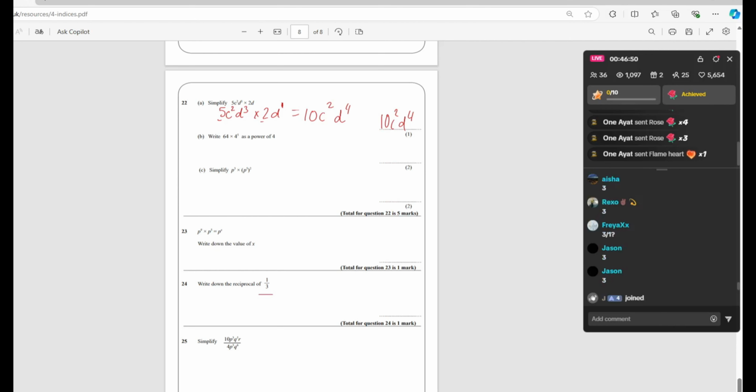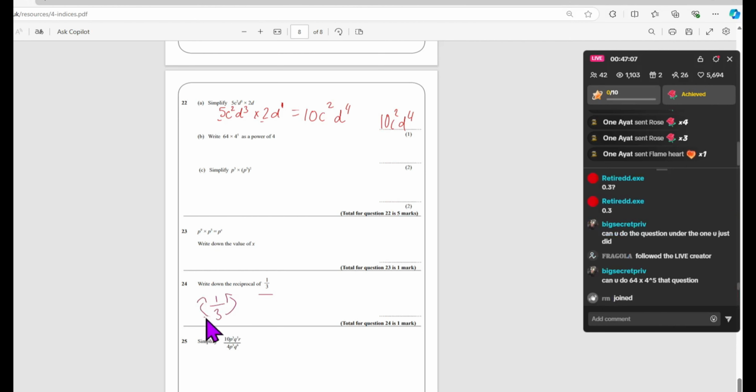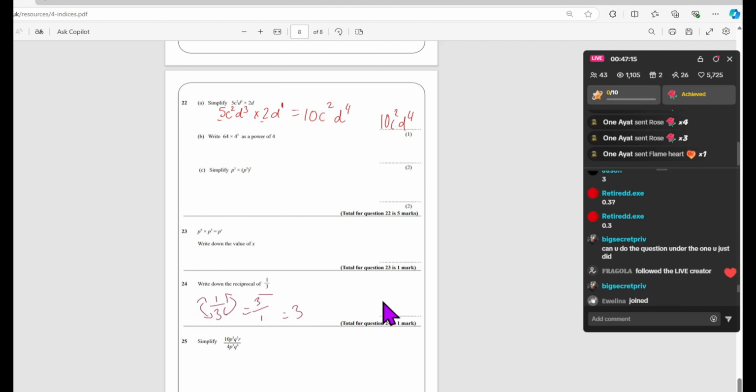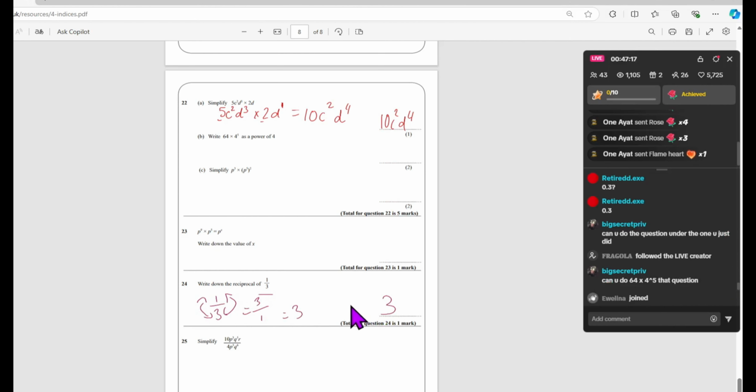The reciprocal just means when you have a fraction, you switch the numerator and denominator around. So the reciprocal of 1/3: the denominator and numerator are going to swap places. It's going to become 3/1. Simplify it to 3. Okay?